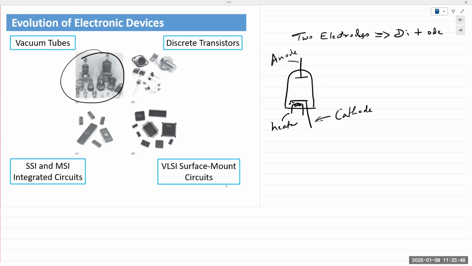The cathode, which is made out of some sort of metal, released some electrons that would float above the surface of the cathode. And what they discovered was, since these are negatively charged particles, if you apply a positive charge at the opposite end, they would be attracted to that plate.